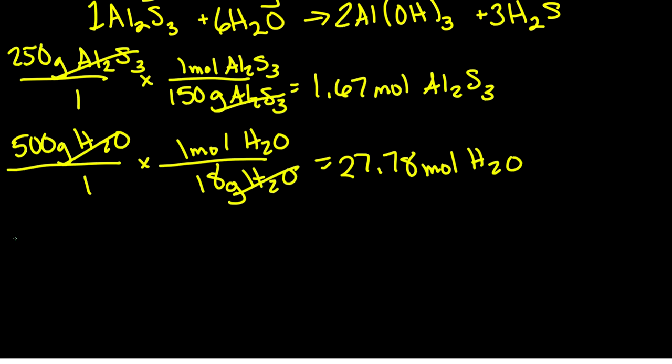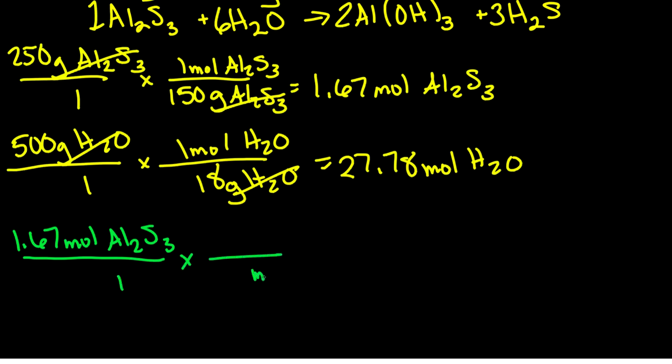So if I got 1.67 moles of aluminum sulfide, how much water will I need to fully react that 1.67 moles of aluminum sulfide? So let's set that up. I need moles aluminum sulfide to cancel. I'm going to change it to moles of water.